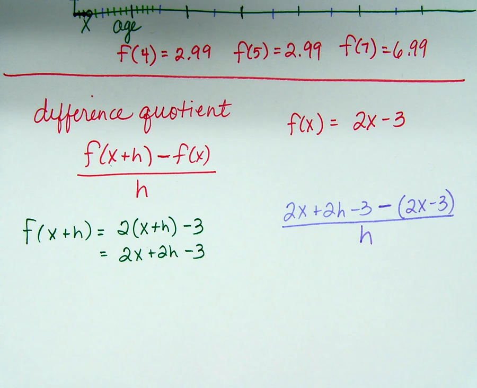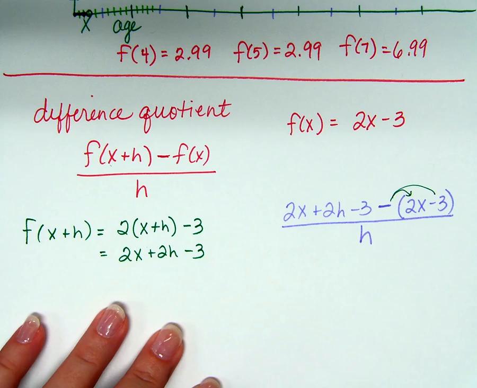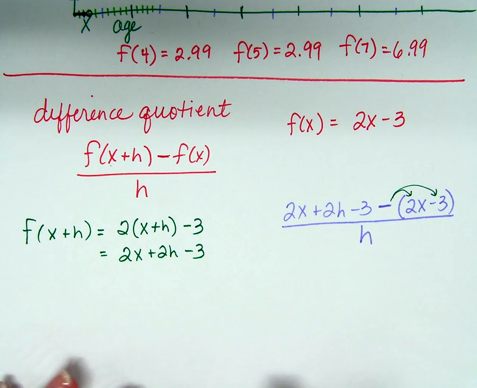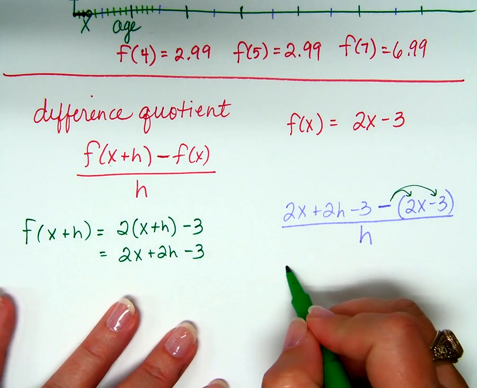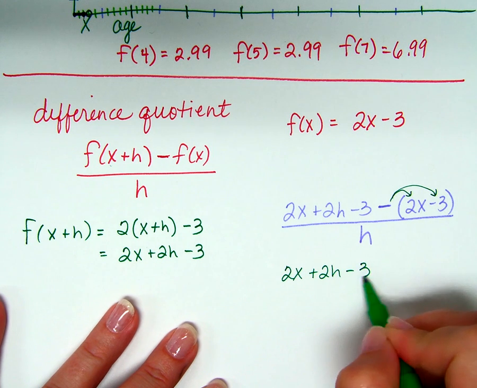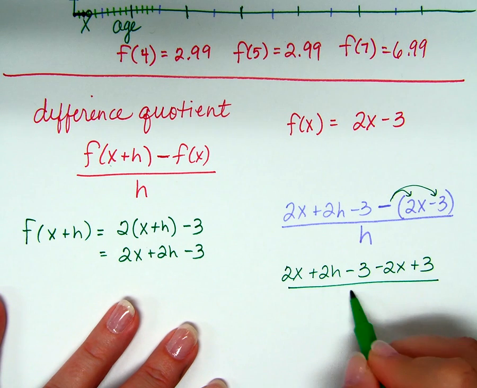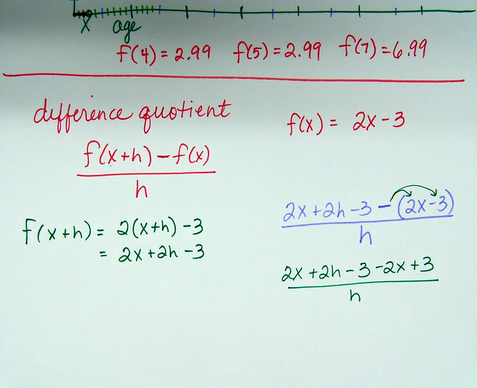I'm subtracting this whole thing, so I'm distributing that negative sign, aren't I? Or thinking of negative 1. So I have 2x plus 2h minus 3 minus 2x plus 3, over h.